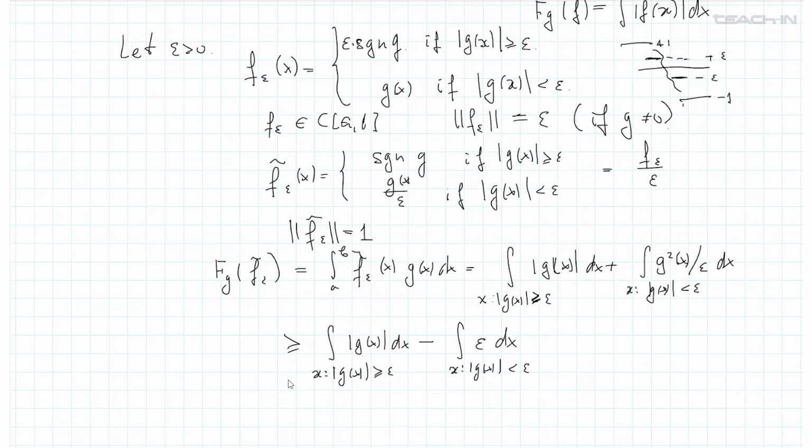So we take this, and this is not less than this value. Minus epsilon times b minus a, and it tends, as you see, to the norm of g, the integral of the modulus of g of x dx over a b, as epsilon tends to 0.